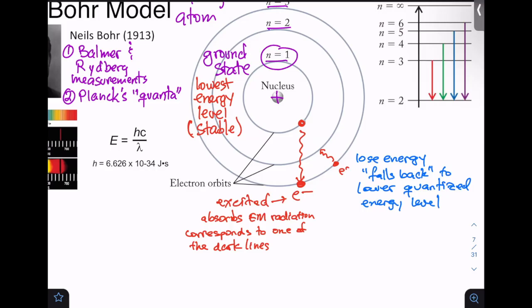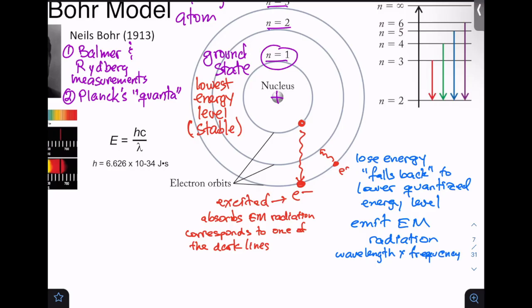And when it does so, it's going to give off that energy. It's going to emit the energy. It's going to emit electromagnetic radiation that, again, we can see as a characteristic wavelength and a characteristic frequency. Remember, this is all wavelength times frequency. So we can see it.